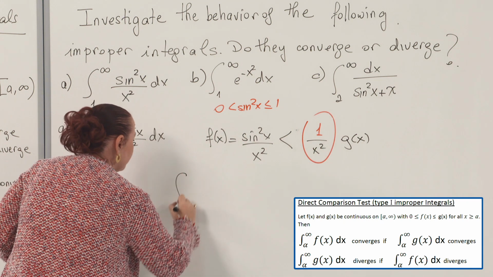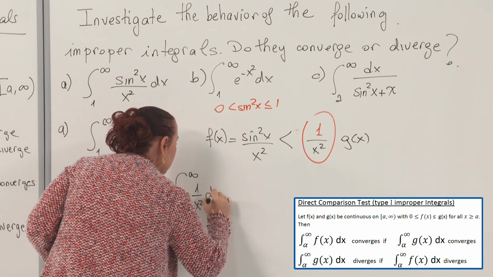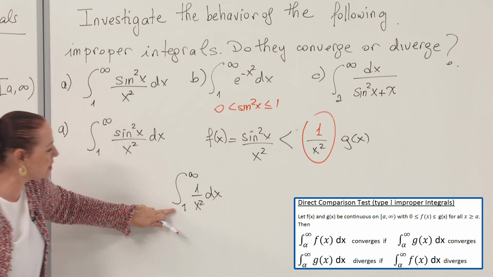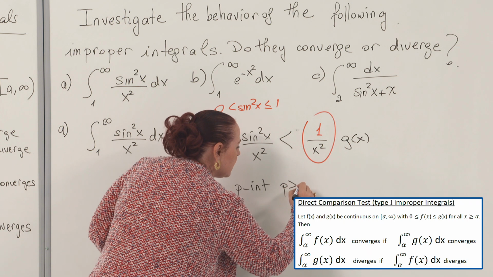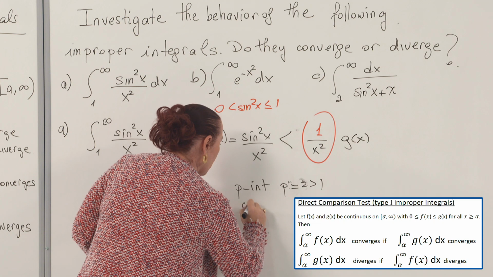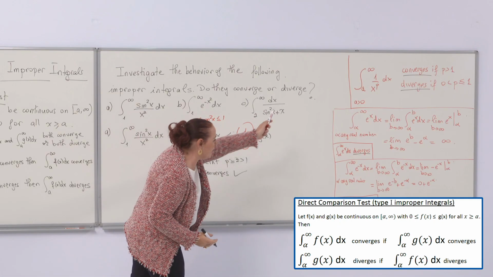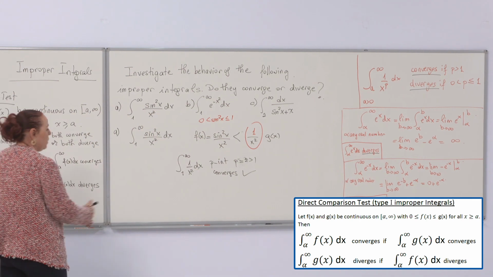Now let's see. From 1 to infinity, 1 over x squared dx. I take exactly the same limits of integration. This is a p integral. P is equal to 2, which is greater than 1, so it converges. Why? Because we have proved it in the previous video.